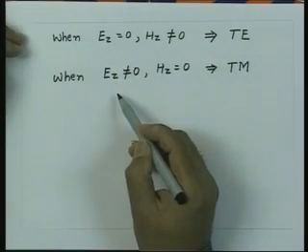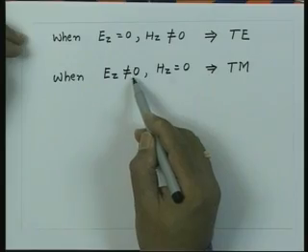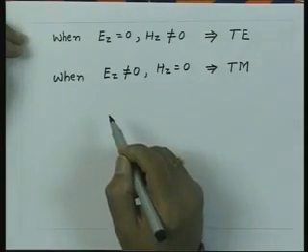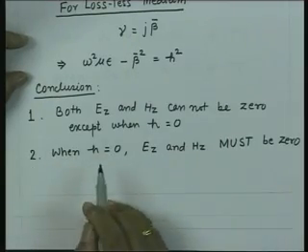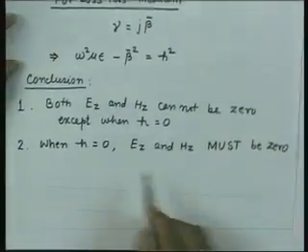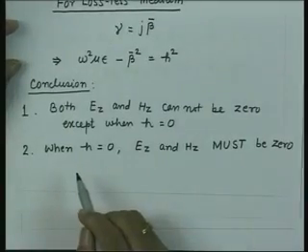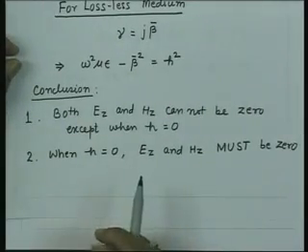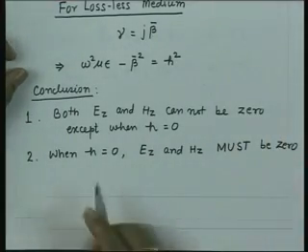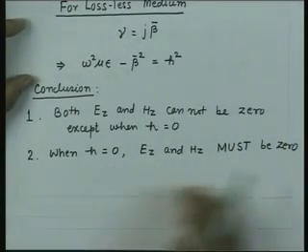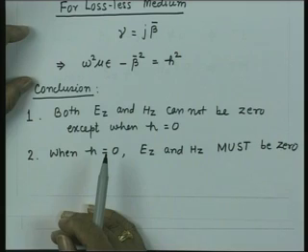The third configuration, which is when Ez is equal to 0 and Hz is equal to 0, will give me the transverse fields provided h is equal to 0. But when Ez and Hz both are 0, we are talking about fields which are transverse electric and transverse magnetic. That means this field distribution must be the same as the transverse electromagnetic field.